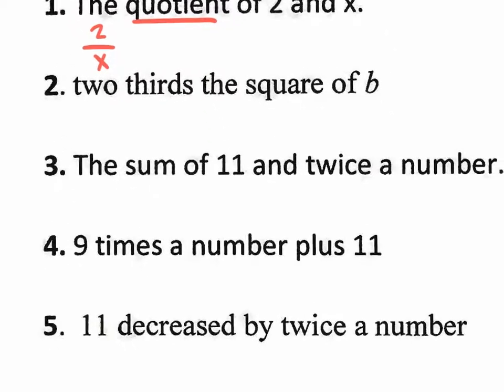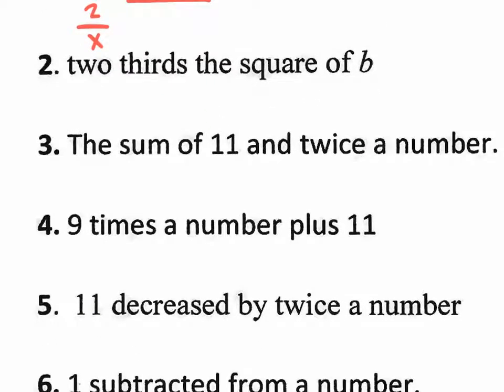Number two, 2/3 the square of b. Okay, so what is 2/3 really? It's a fraction, right? It's a 2 over 3. Now, when I say 2/3 of 90 or 2/3 of anything, it's really saying 2/3 times whatever that value is, okay?